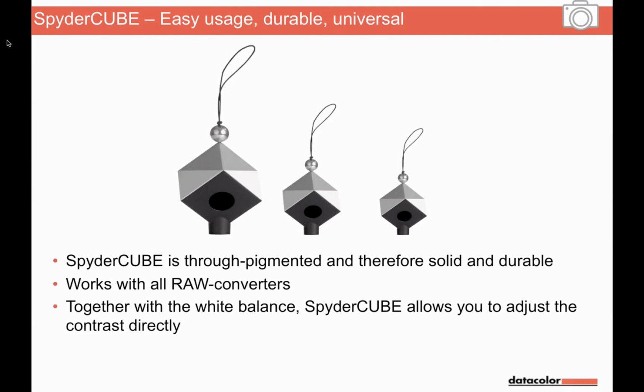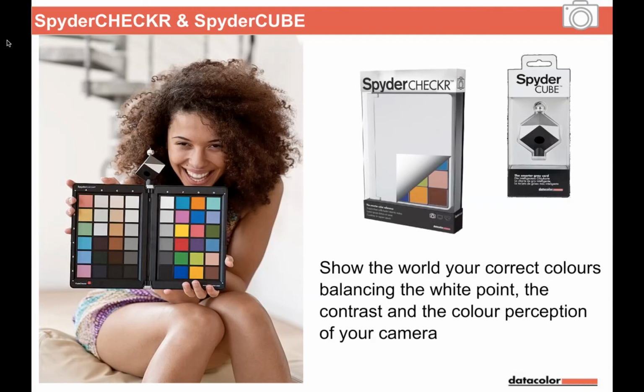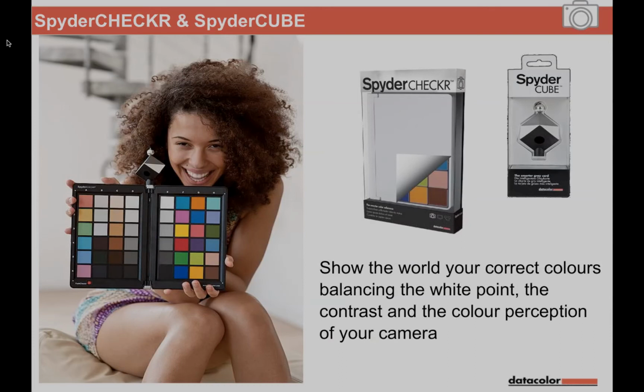Now, second tool, as I say, the other half of the Spider Checker Pro is the Spider Checker itself. Absolutely a godsend, this. The reason being, I'm sure a lot of us have had this situation.